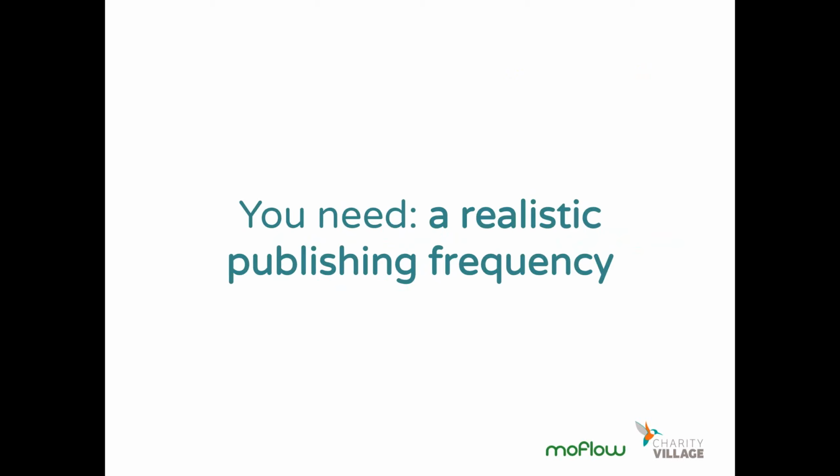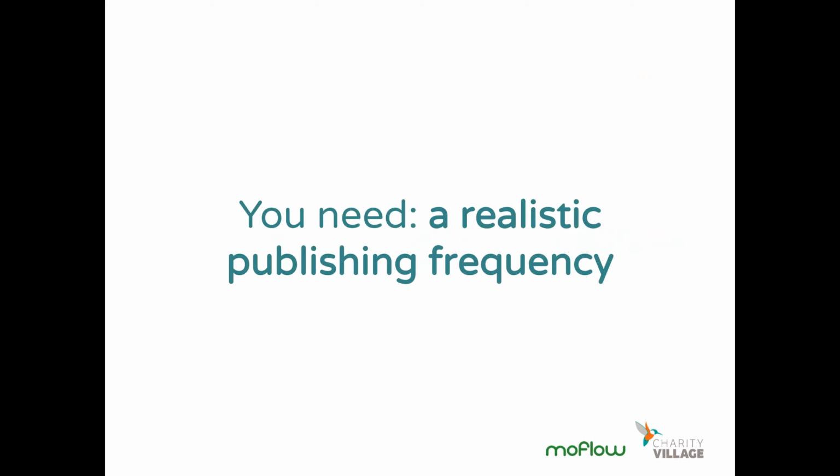You need a realistic publishing frequency. So to determine how often you're going to publish content on your blog, think about your capacity. Think about your capacity as your blog's managing editor and the volume of content you can produce and the different tasks you'll have to do if you're the one, say, reviewing, revising, formatting the blog.